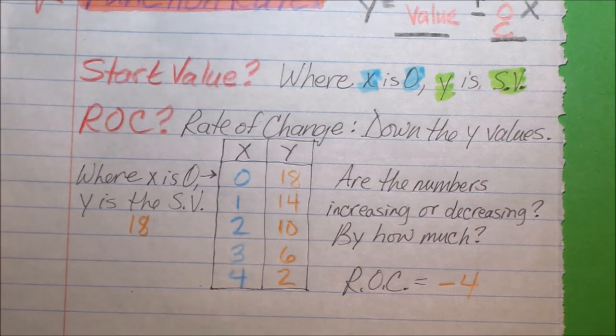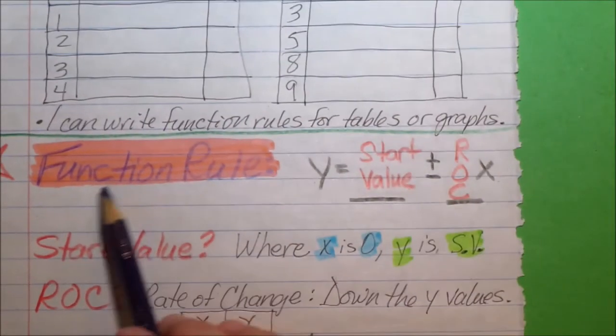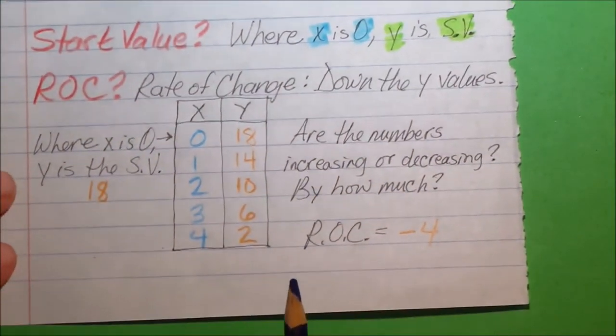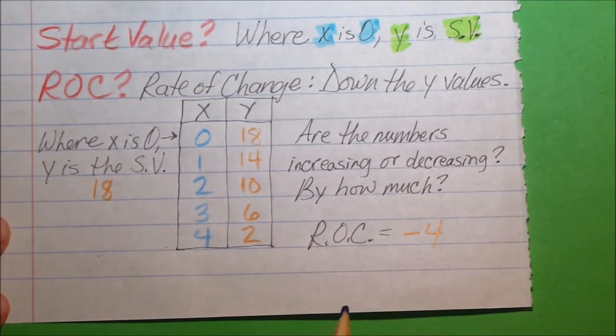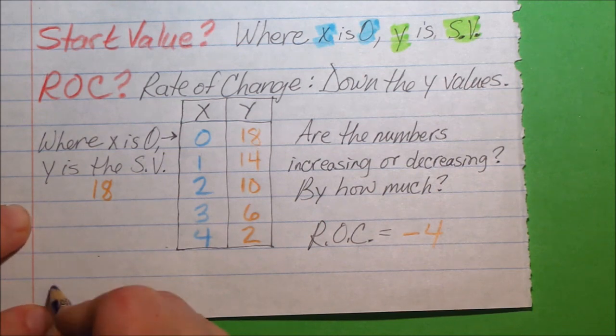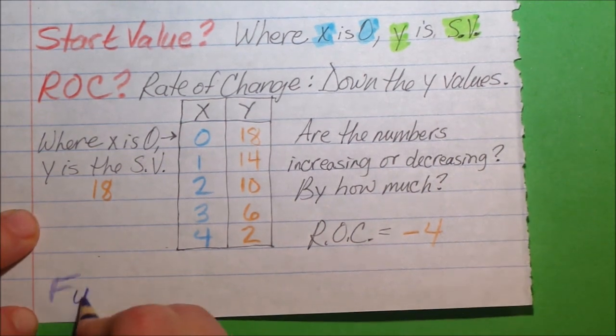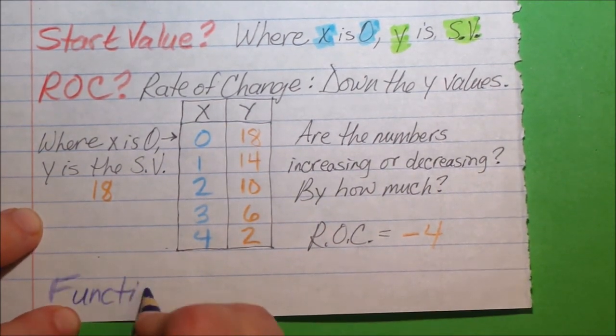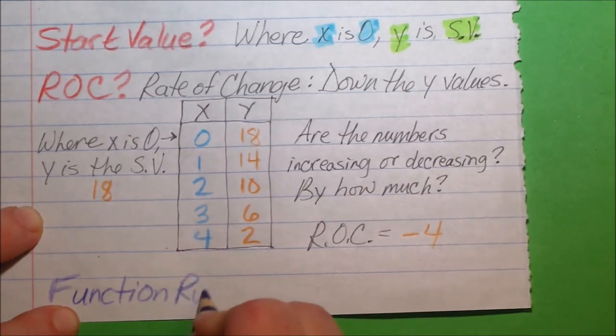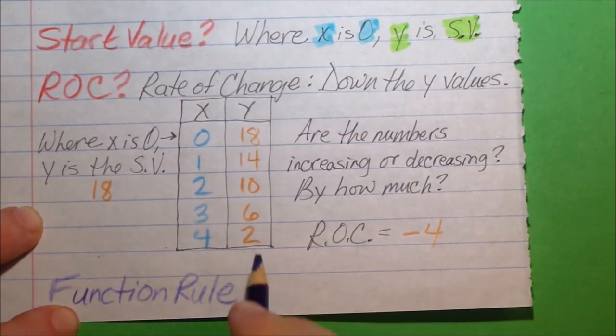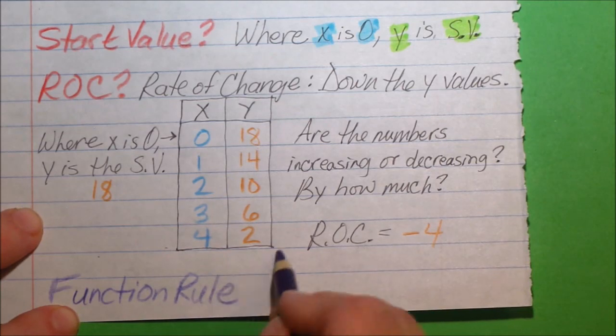Okay, now, all of this plugs into a function rule like this. Let's go back to my function rule that we were talking about right here, okay? So down at the very bottom, I'm going to write function rule. This is what a function rule would look like for this specific table.